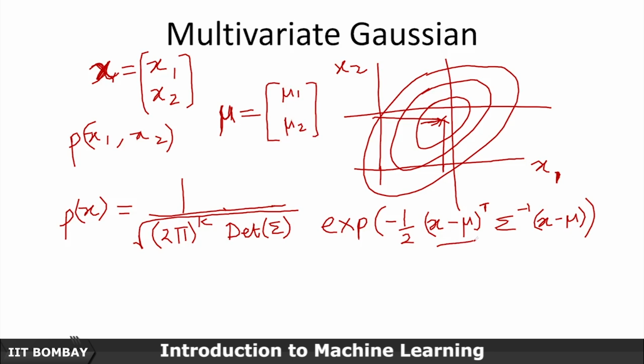So, that is why x minus mu is a vector and we can take its transpose, and your sigma is going to be a square matrix of size k by k. So, this will be sigma 1 1 square, sigma 1 2, sigma 2 1 and sigma 2 2 square.